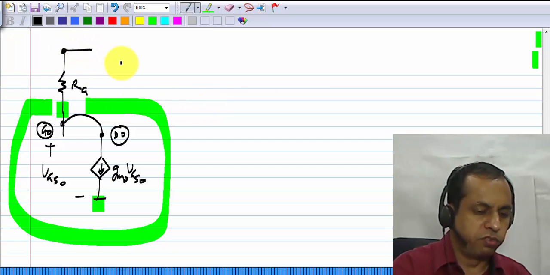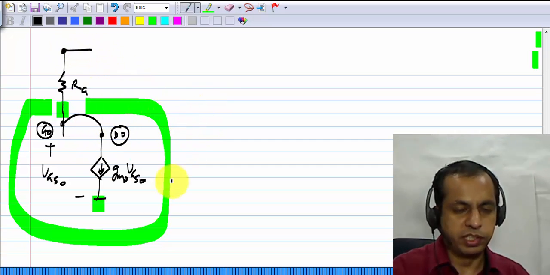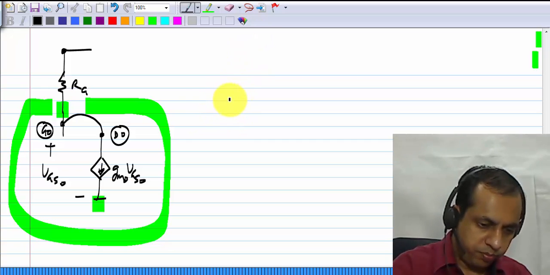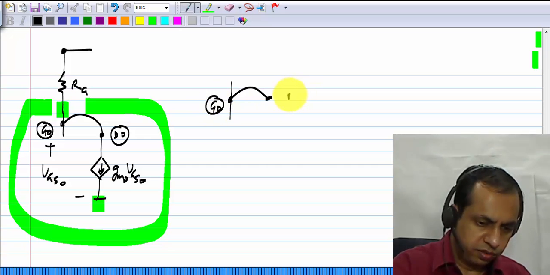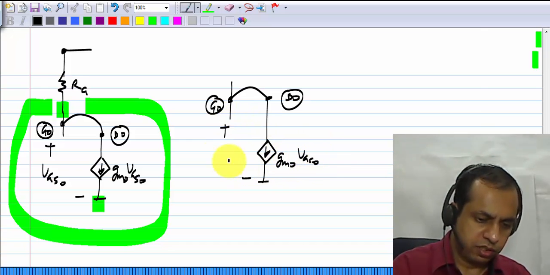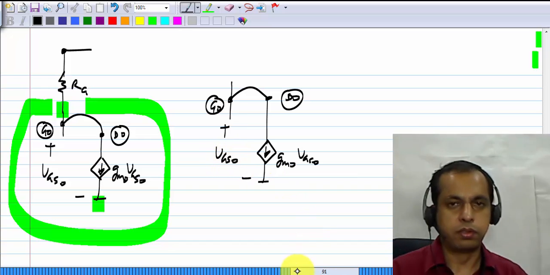We can also analyze it from here, but what we see is a general result. So let's do this. This is G0, D0 and GM0 VGS0, where this is VGS0.